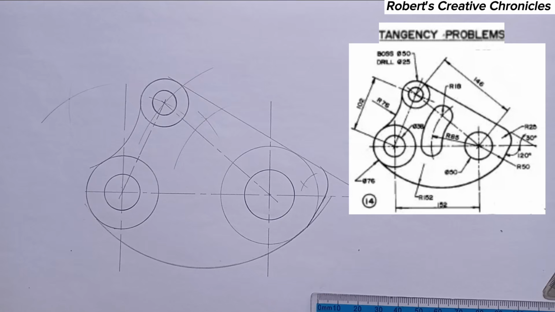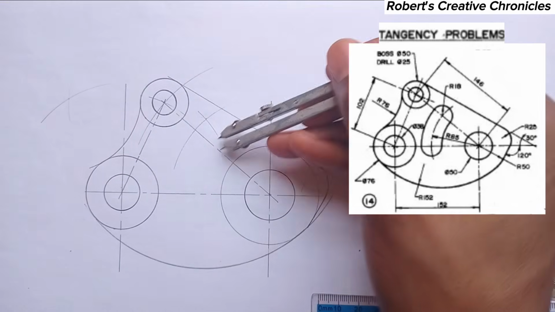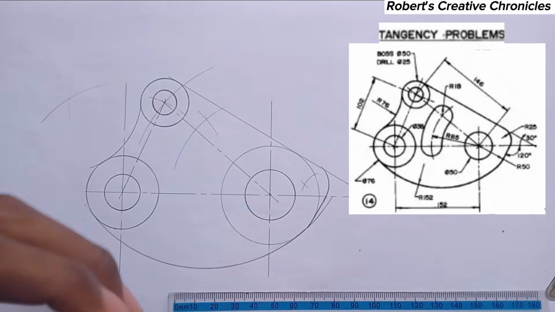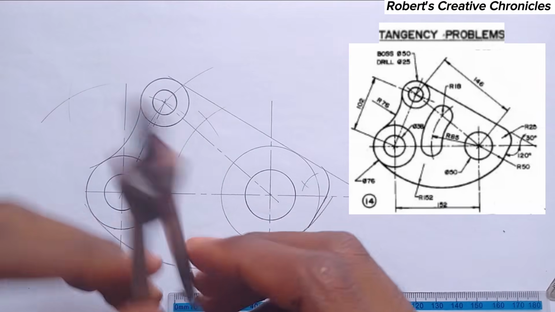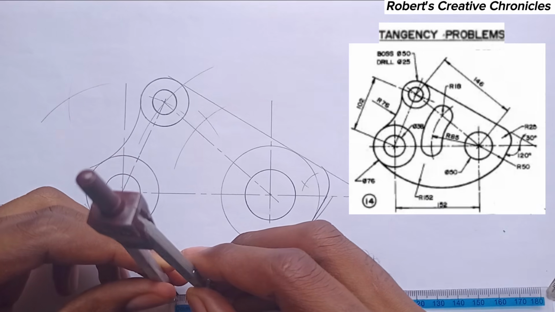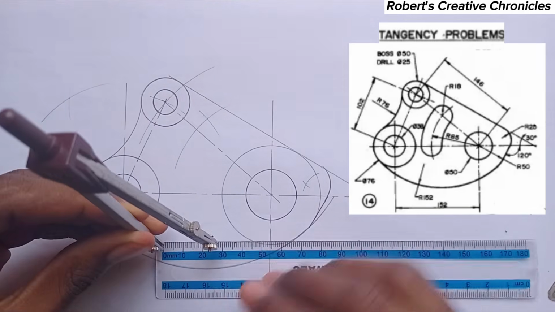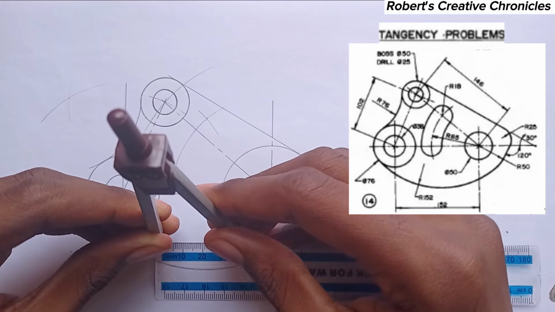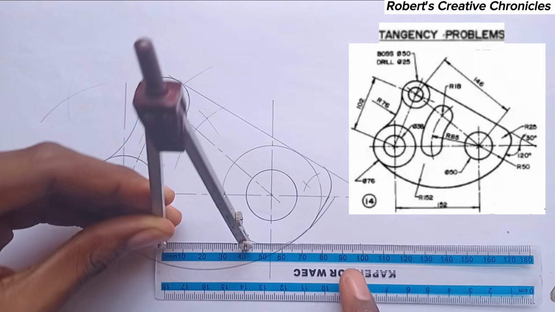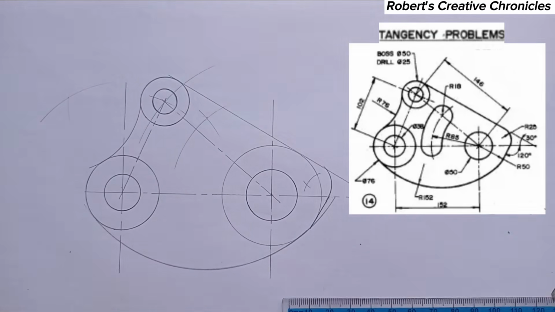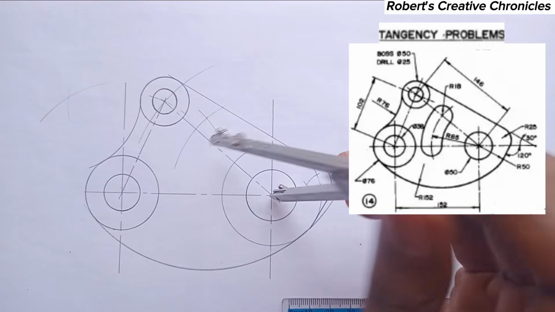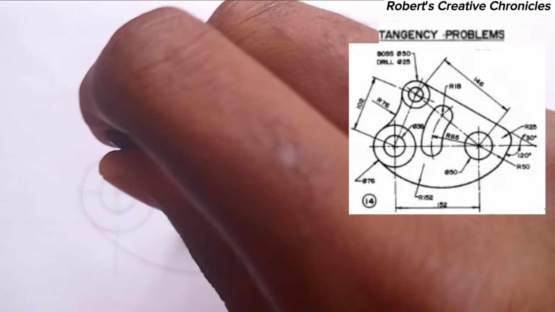So from the diagram, the radius to get the center here is what? Is 85. So we're going to use 42.5. So from here, we'll get the center line.